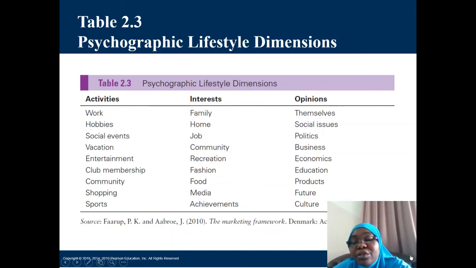For people's interests, you want to see maybe the kind of food they like, the media, their achievements, the community, or the kind of job. And then for opinions, you want to know their opinion about business, politics, education, products, and so on and so forth. So these are psychographic lifestyle dimensions, AIO, activities, interests, and opinions.